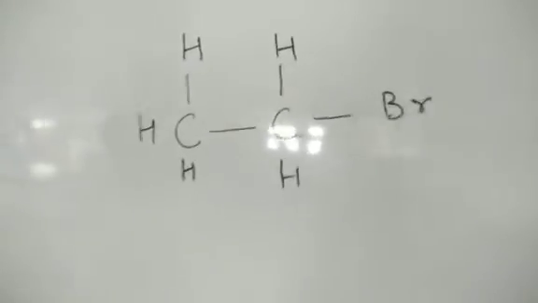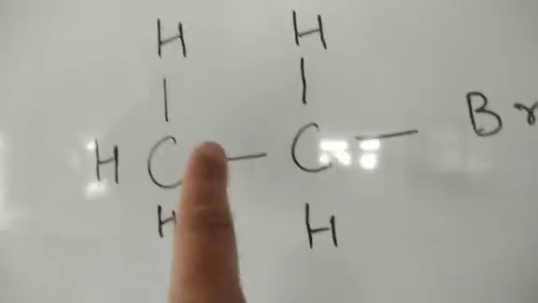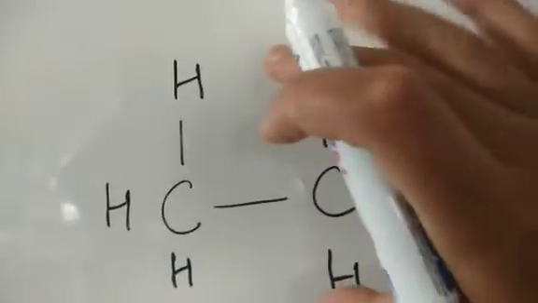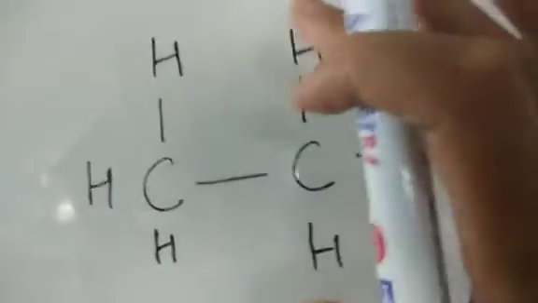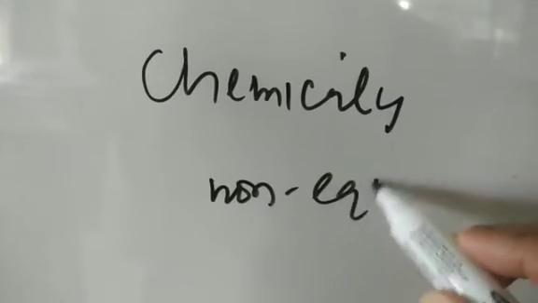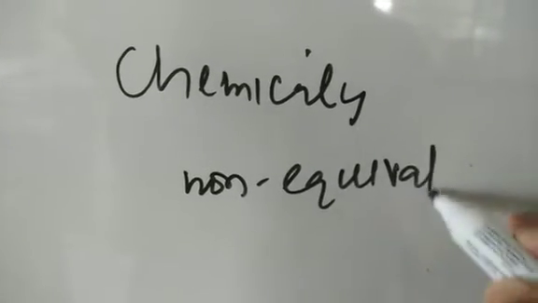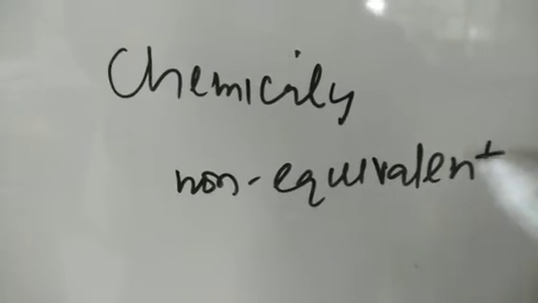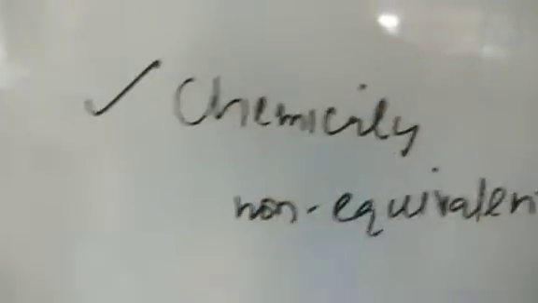Now first of all, इसमें there are 2 sets of protons. That means this set of proton and these set of proton they're different. तो हमने पहले भी कहा we say they are chemically non-equivalent.